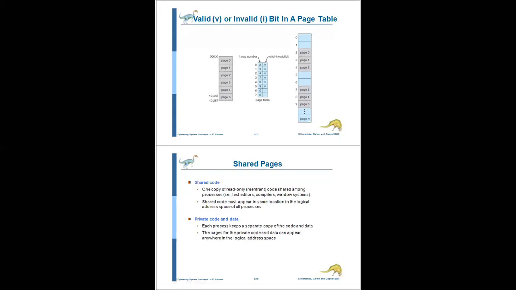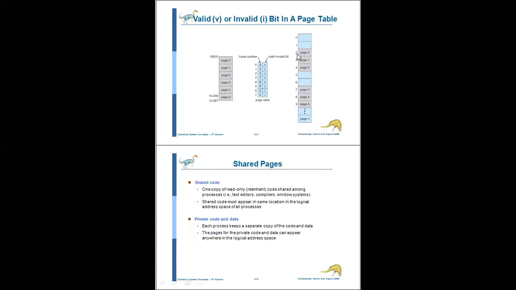Is it clear? A valid bit means the associated page is in the process logical address space. So only 0 to 5 are valid. The remaining 6 and 7 are not there in the logical address space, so we keep them invalid. If the value is in the logical address space, we put valid; if it is not, we put invalid.